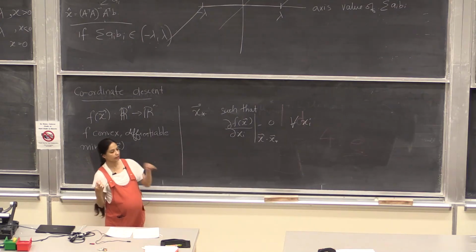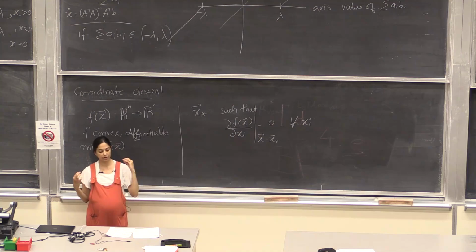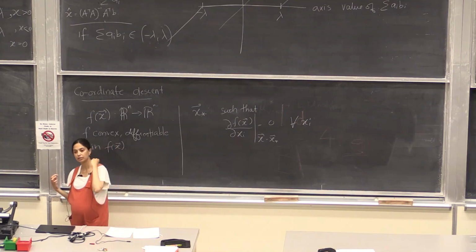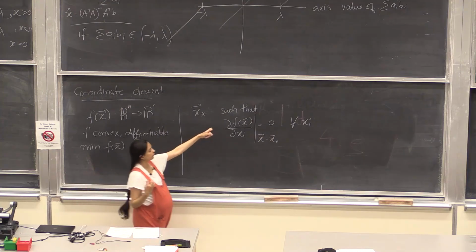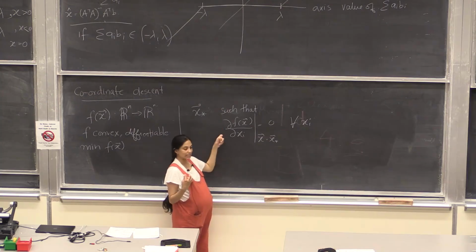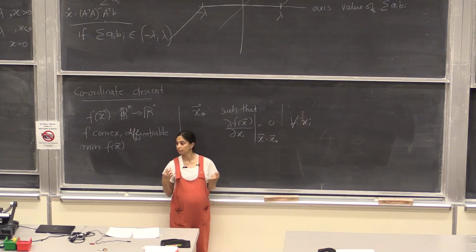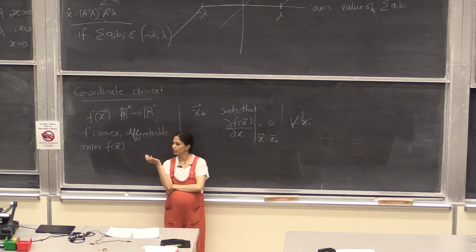And x star is such that it minimizes your function along the first coordinate. You've fixed everything else and you find the minimizing point along the first coordinate. You find a point such that the partial derivative of f of x with respect to x1 is 0. But you do this for every single coordinate. I find a point where the partial derivative with respect to x2 is 0, the partial derivative with respect to x3 is 0.